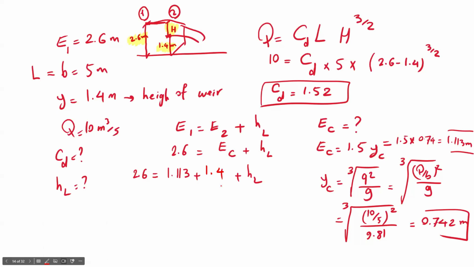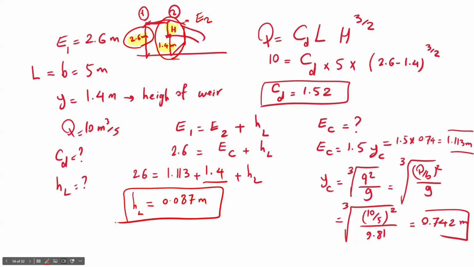So this is two parts. So this should be equal to this one. This 1.4 is the height of the weir. Then on top of that, you have the critical energy. If you write it all, you will have a very small amount of losses, which is 0.087 meter. That's all.